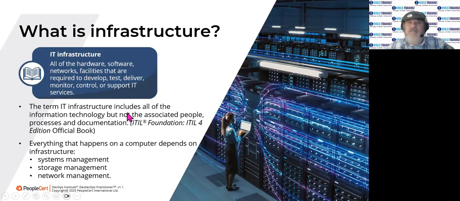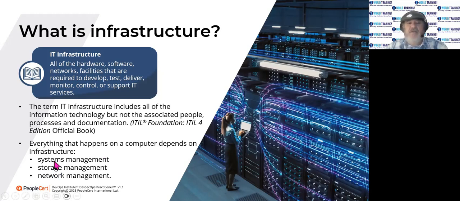So the term IT infrastructure includes all of the information technology, but not people, processes, or documentation. That's according to the ITIL Foundation version 4. It's basically everything that happens on a computer depends on the infrastructure. So all of the different CI/CD processes, for example, they don't run in space. They do require something to work with.